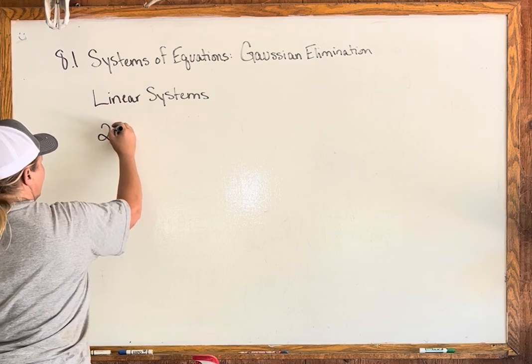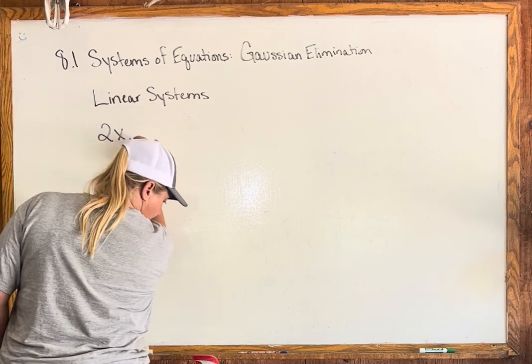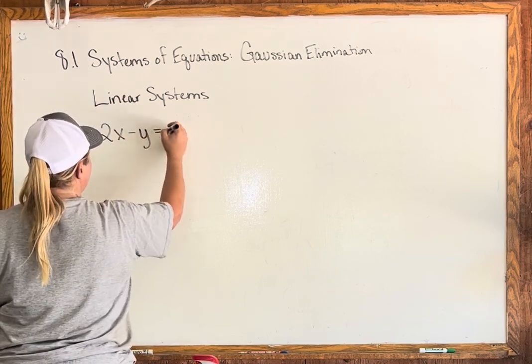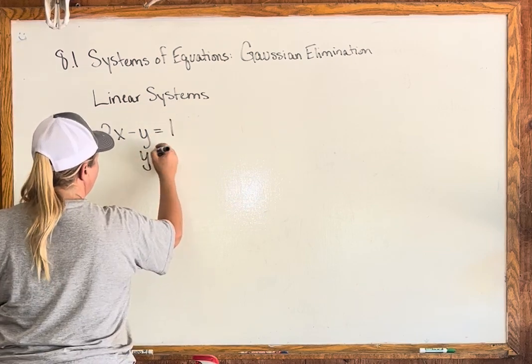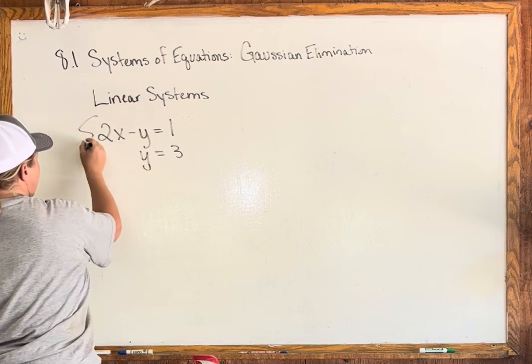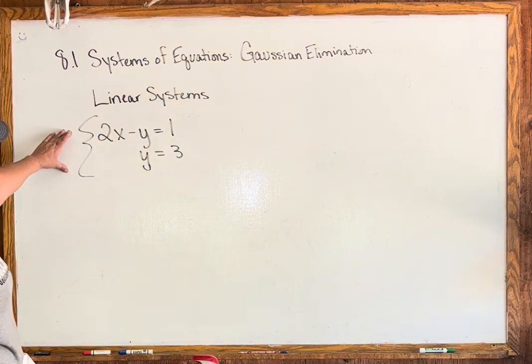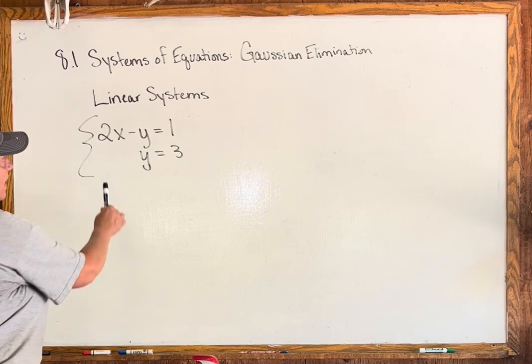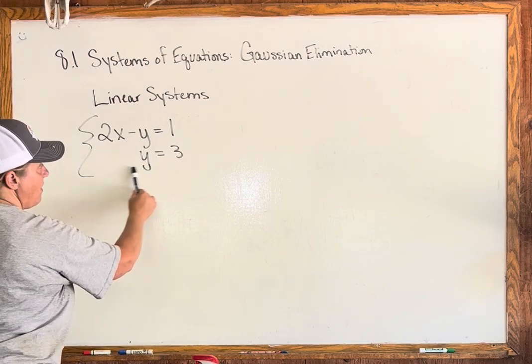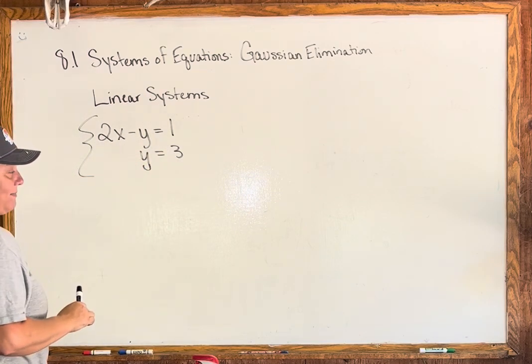You might see something like this: 2x minus y equals 1, and y equals 3. To tell people that these two go together, a lot of times you're going to see the squiggly bracket holding them together. I forget the squiggly bracket very rapidly, so we might not see it every time. But basically you've got two equations going together at the same time.